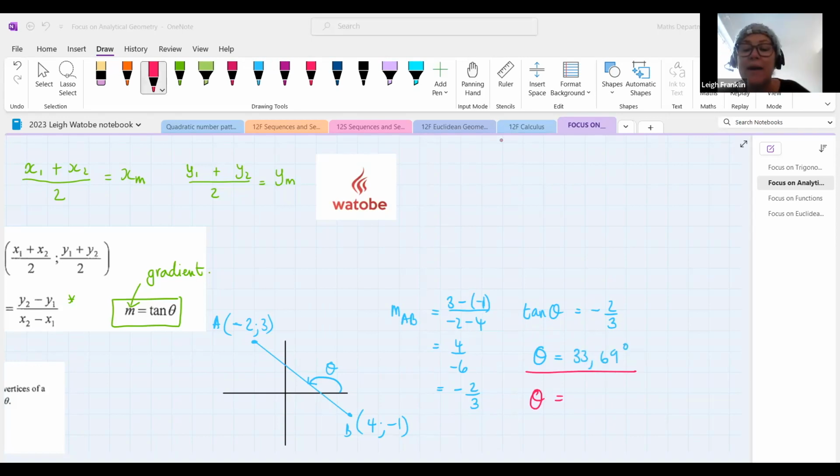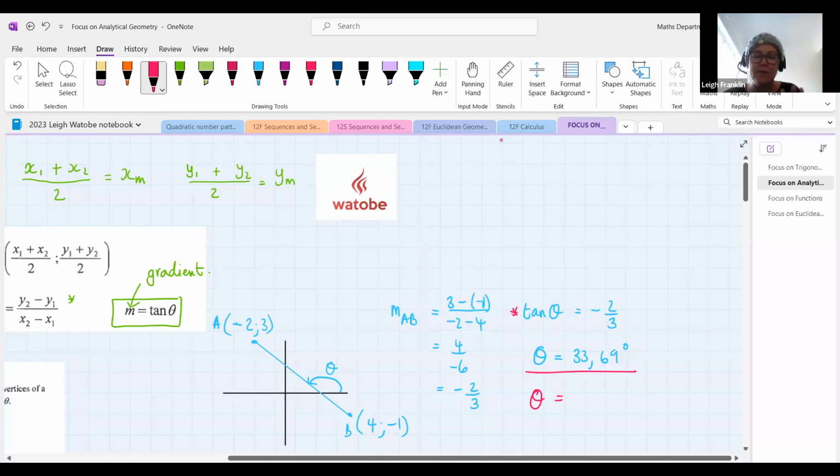Let me just go back and explain from this step over here. We've worked out the gradient of line AB. We've said tan theta is equal to -2/3. And then we have written down incorrectly, that's why I've underlined it, that theta is equal to 33,69. Theta is not an acute angle. Theta is an obtuse angle. So if we write that theta equals 33,69, it's incorrect, and we will be penalized for that.